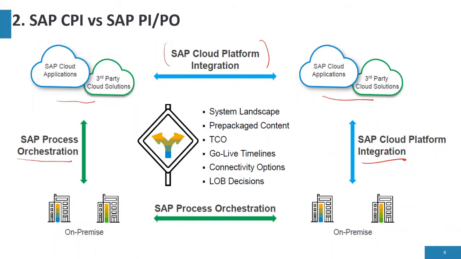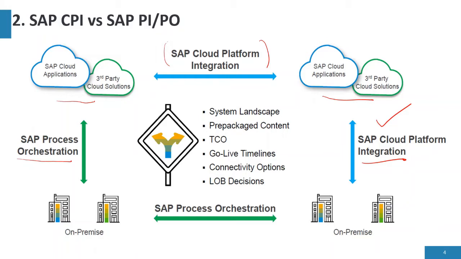So if it is cloud to on-premise, it is up to you whether you should go for CPI or PIPO. But yes, the recommendation would be that if you have CPI, you should go for CPI. The reason is that in the near future PIPO may get decommissioned altogether, right? So it is a good idea to move everything to cloud platform integration.